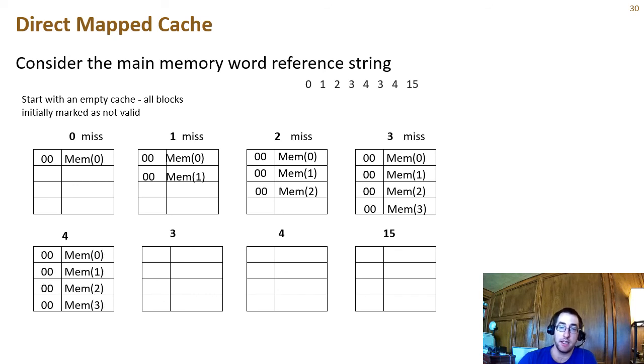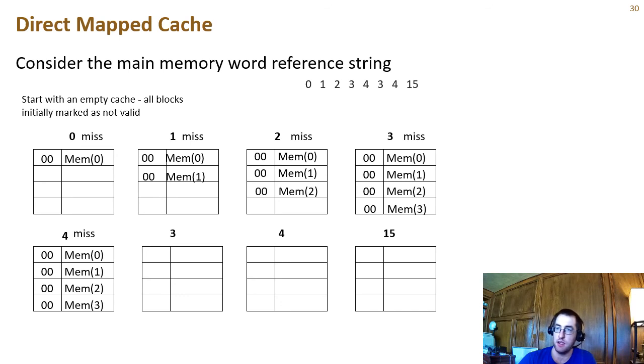So now we access 4. The word address 4 is the address 0 1 0 0. So 0 1 is the tag, 0 0 is the index. So the 0 0 index tells us to look in that 0th row. And we find that in the 0th row, there is an element there, but its tag is 0 0, which doesn't match the tag 0 1, right?